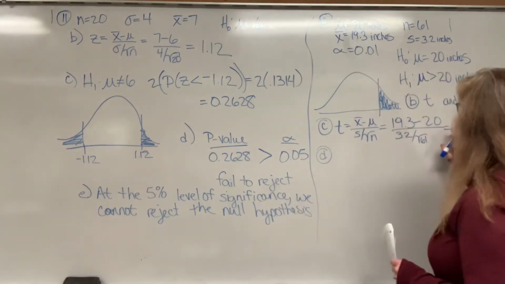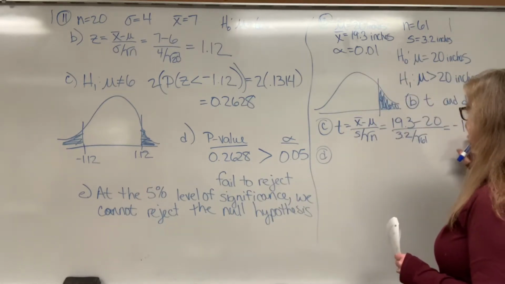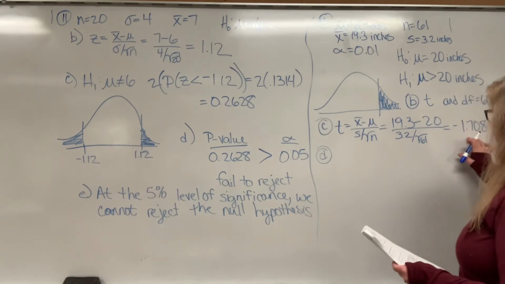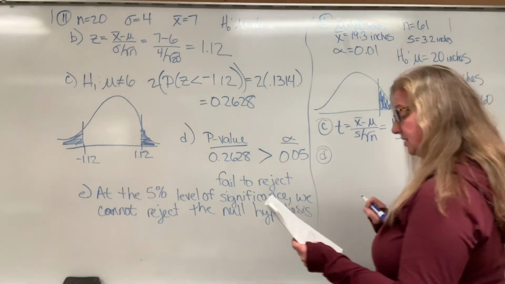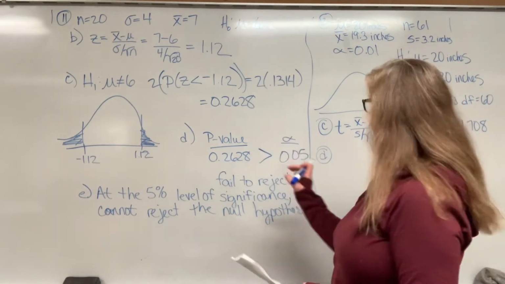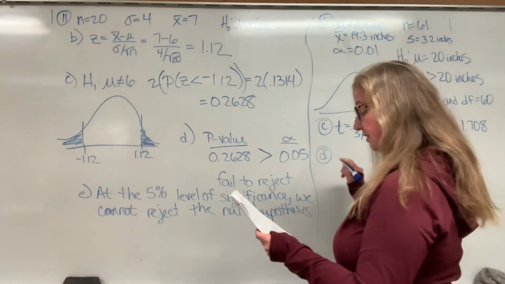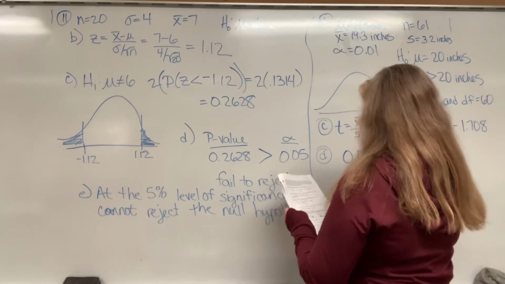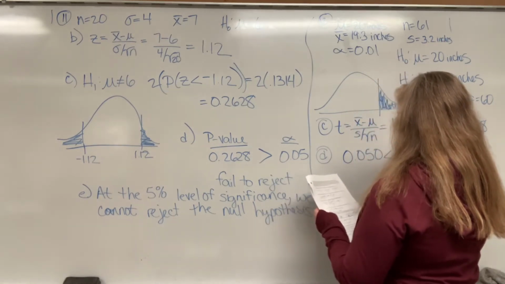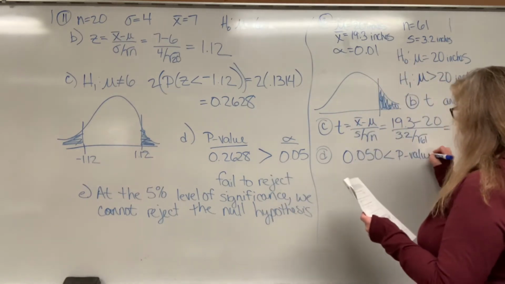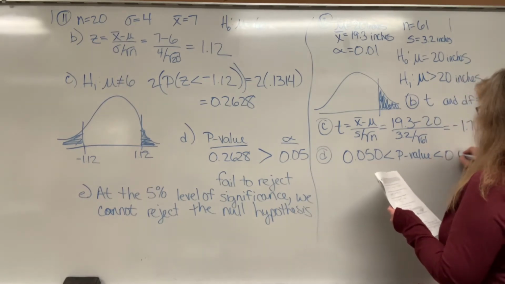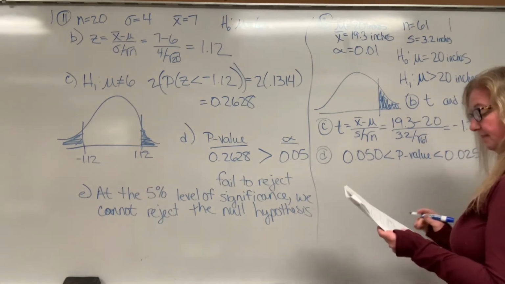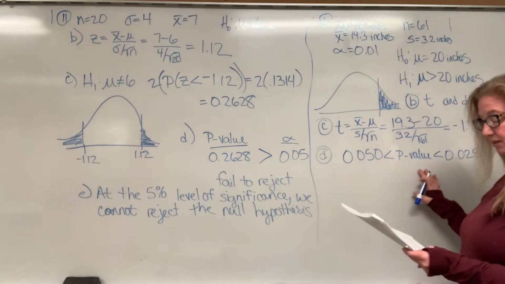So we want to find the p-value. So again, I go to degrees of freedom of 60. I look for 1.708 as a t-score. I run up to the column that says one-tailed, and I find that my p-value is between 0.05 and 0.025. Okay. So that's my p-value.